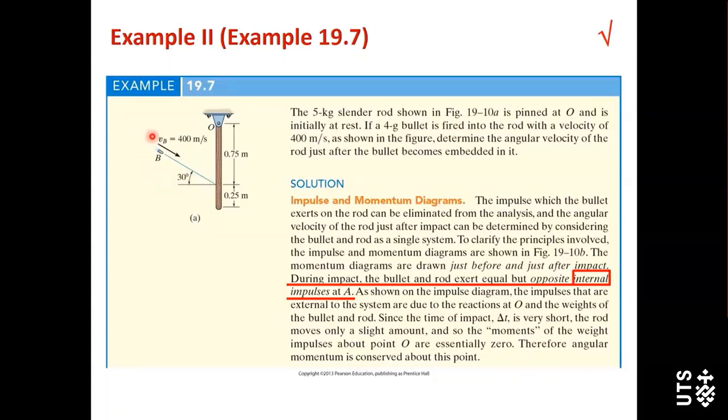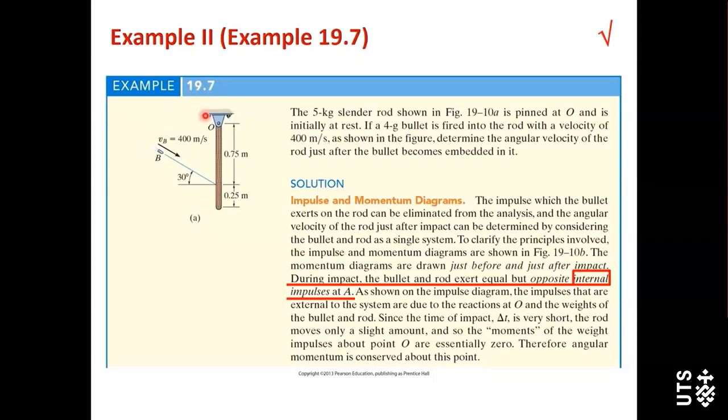Its velocity is 500 meters per second. This bullet will become embedded in this rod. Now the task is to determine the angular velocity of this rod immediately after this bullet becomes embedded into this rod.